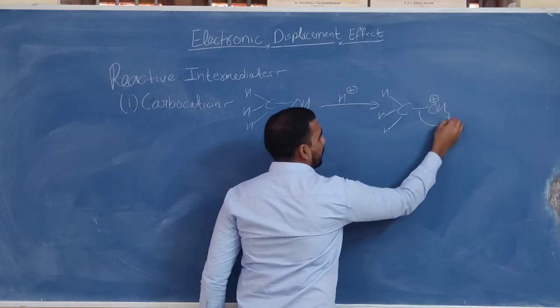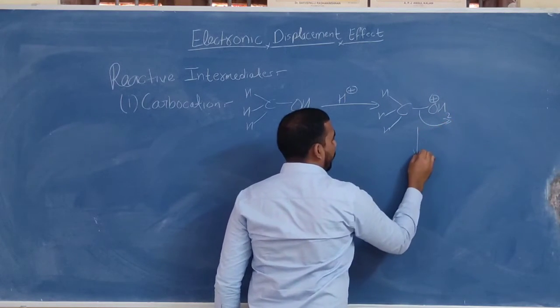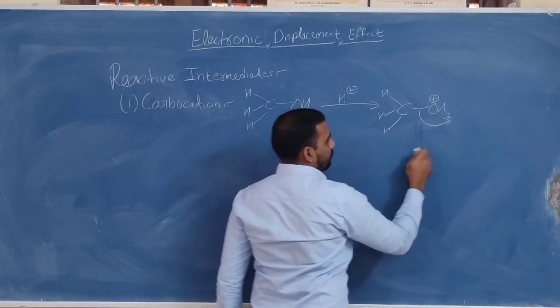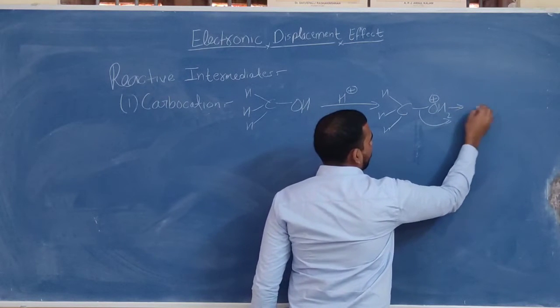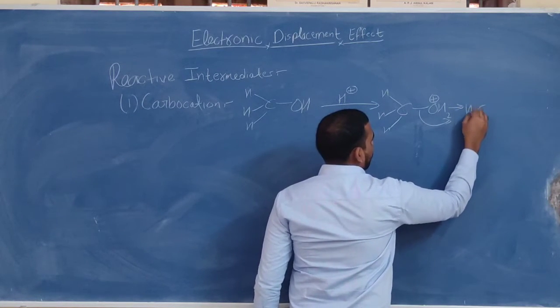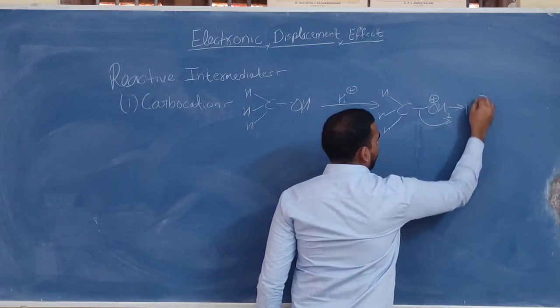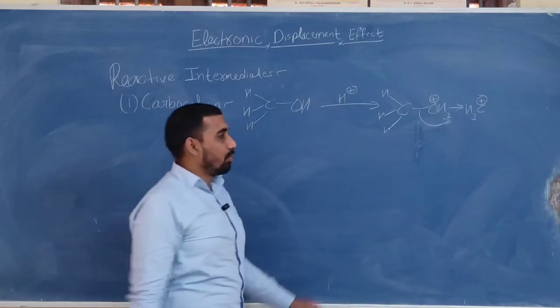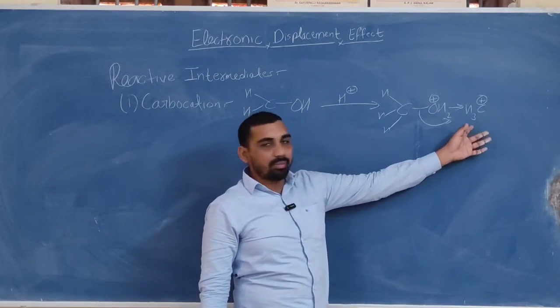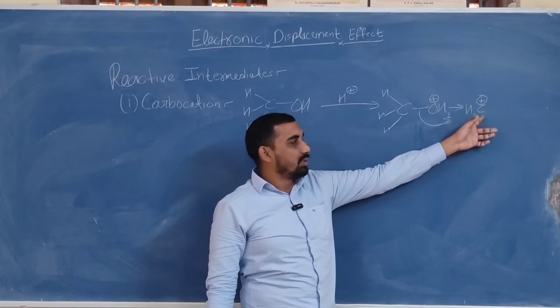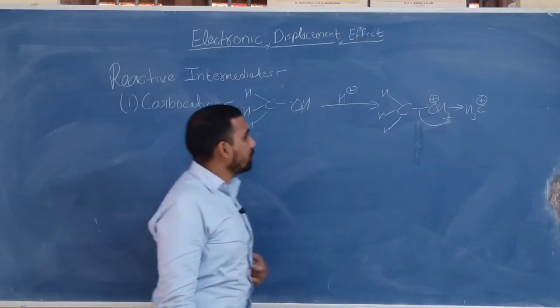Then it will leave like this to form the methyl cation. We can call it a carbocation because the positive charge is on carbon.